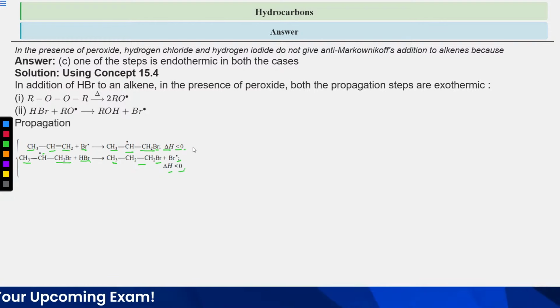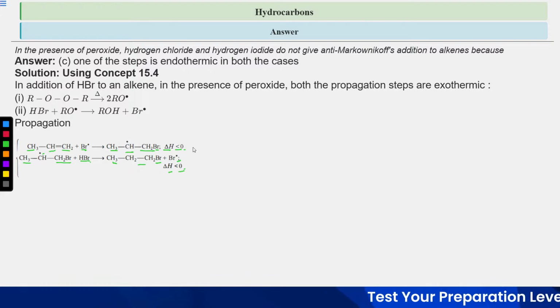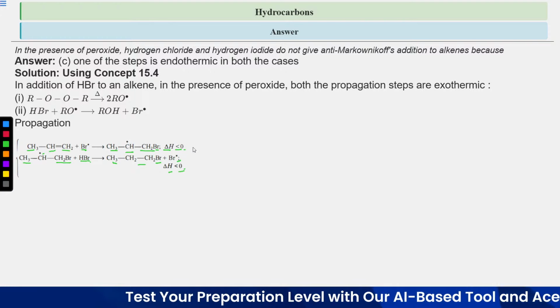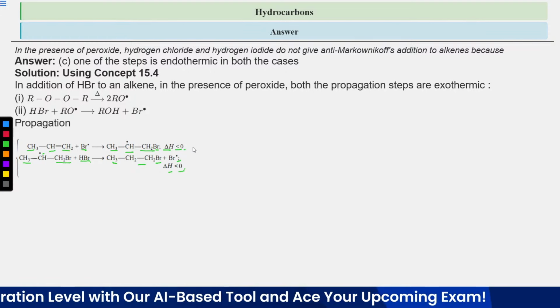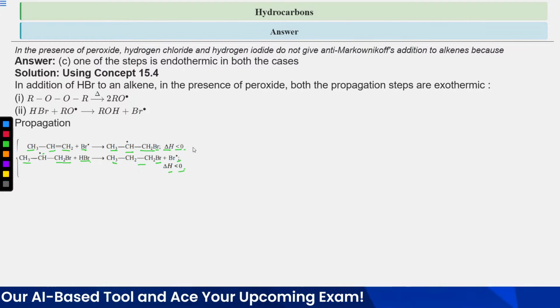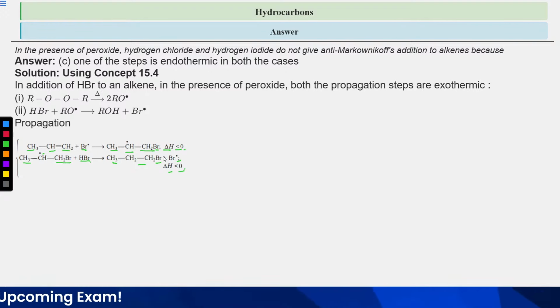So you can see that when you are adding HBr to the alkene in the presence of peroxide, the two main steps under the propagation step are both exothermic. Del H is less than 0 for both these steps, right?